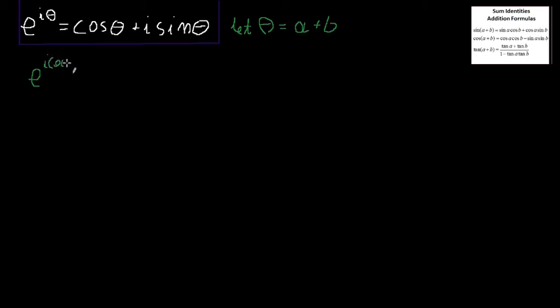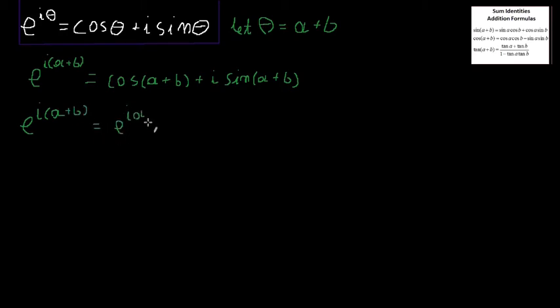What we are going to do here is set the angle theta to be the sum of two angles A and B, and rewrite the whole identity in the form of single angles A and B. Do a complex multiplication.